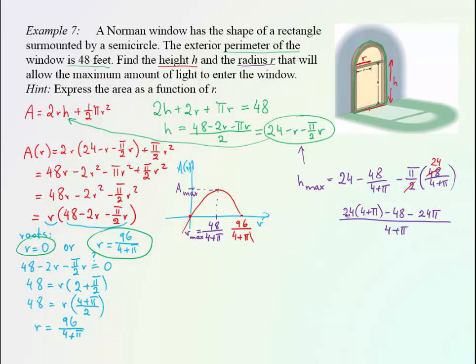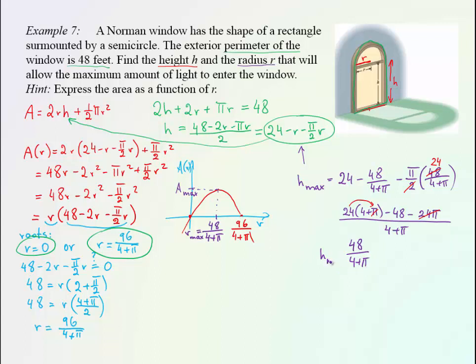So after opening the bracket, the first number is 4 times 24, which is 96, and then we subtract 48, so we end up with 48 again. And 24 pi will actually cancel with negative 24 pi, so that's very nice. Our expression becomes a lot simpler. It's just 48 over 4 plus pi.